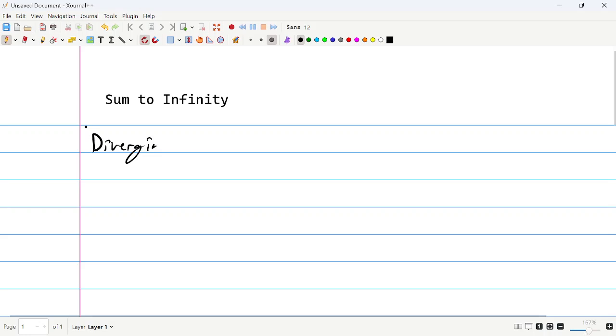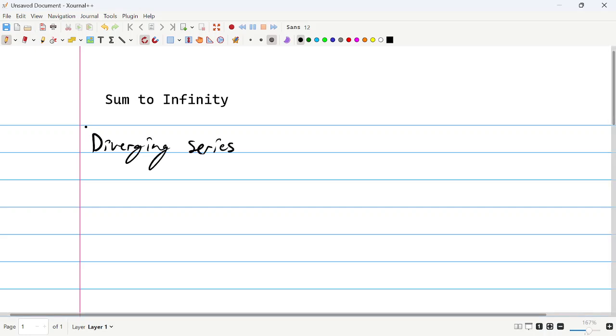diverging series. A diverging series is essentially when we have a value that gets bigger and bigger and bigger, such that the answer would be positive infinity.